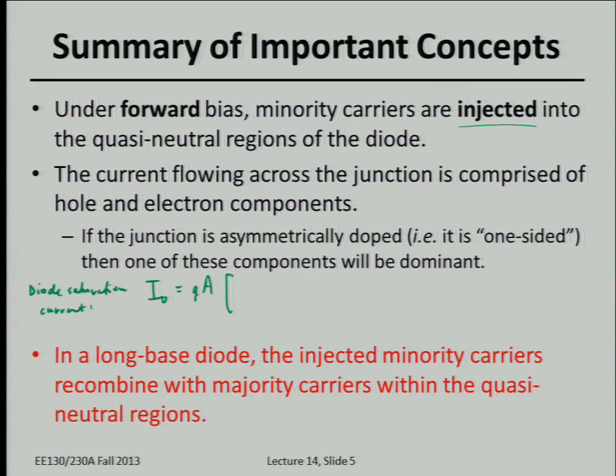Okay, so let's review again. Due to holes, let's look at holes first. Holes diffusing, so it's D sub p. On the N side, they'll die out roughly within a distance of L sub p. So the concentration gradient is inversely proportional to L sub p.